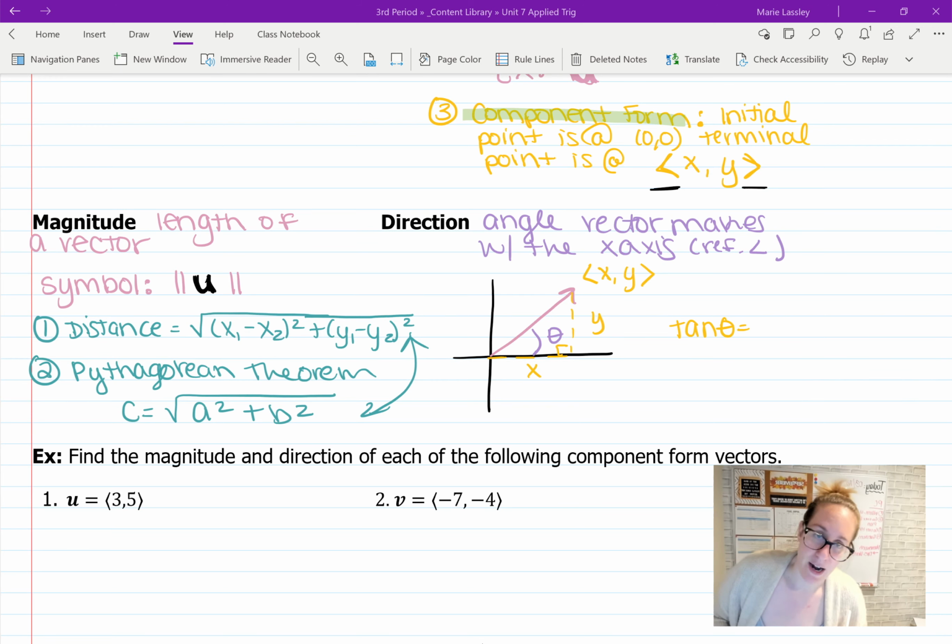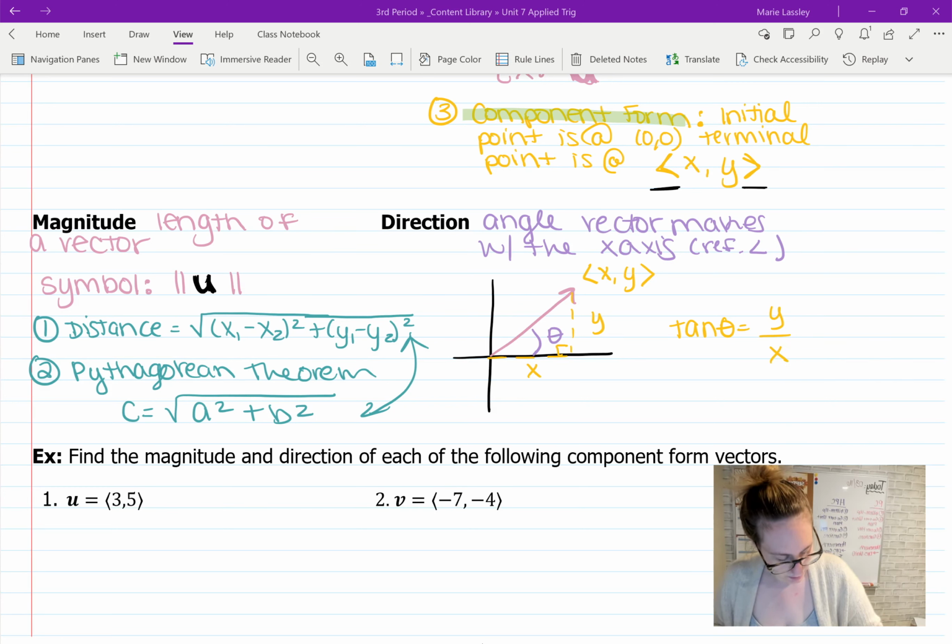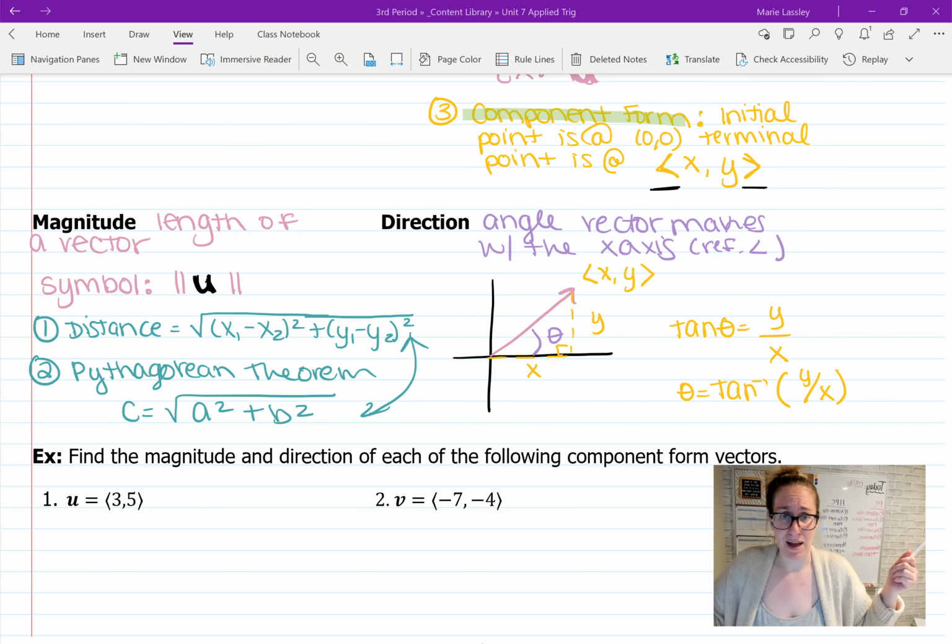If we want to get theta by itself, inverse tangent. So theta equals inverse tangent of y divided by x. Cool. That is the math we're doing. We're doing the Pythagorean theorem and inverse tangent. It's not that bad.